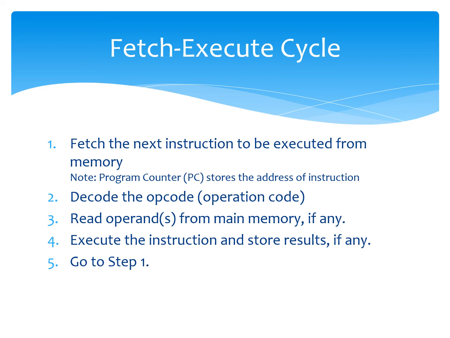This step can be considered as the chef follows the instructions to handle the ingredients and store the processed ingredients in a container on the countertop. Step 5. Repeat steps 1 to 4. The chef repeats these steps until the end of the recipe.